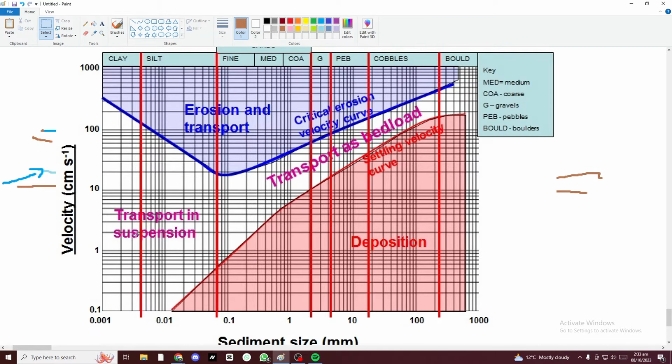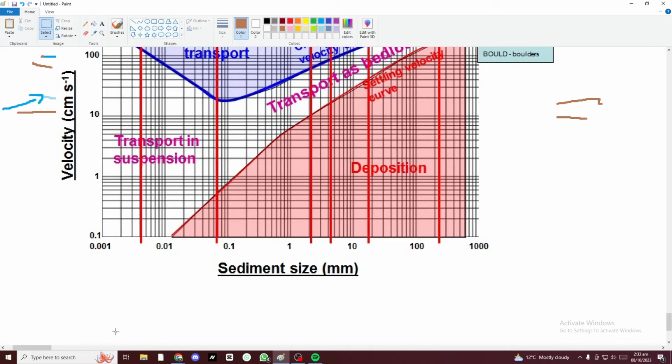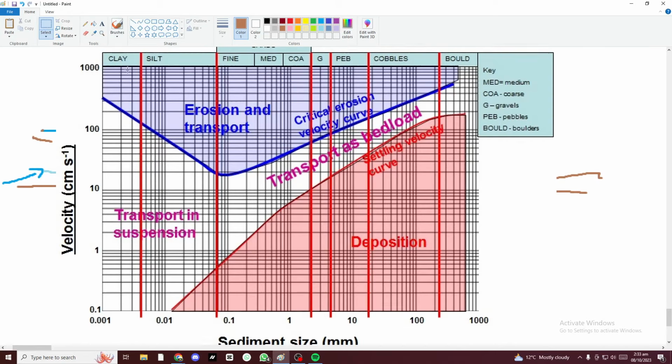So just remember that clay and silt are exceptions because they require a high velocity for erosion. How do I explain this now? I know how to do it, but I just struggle to explain it.